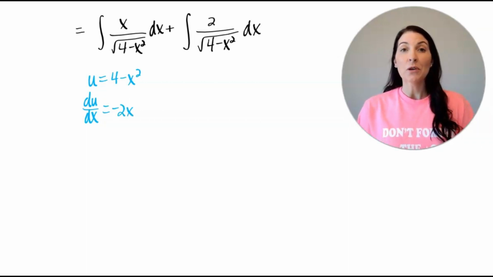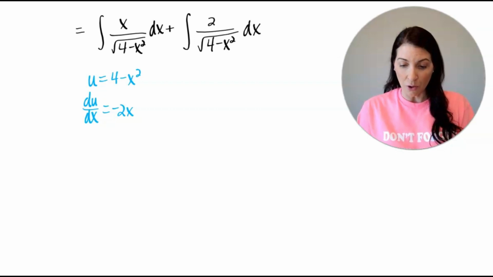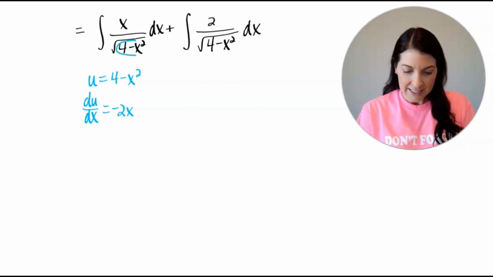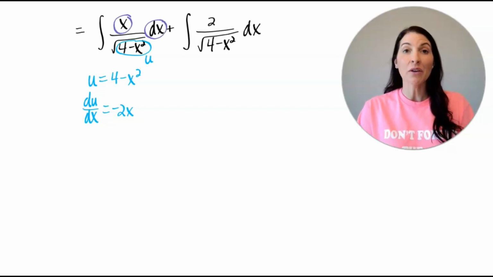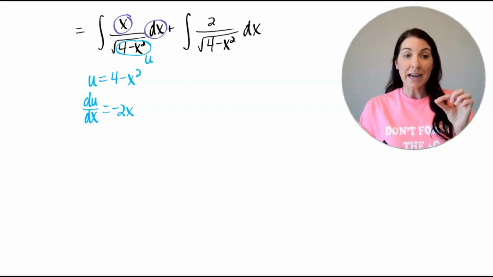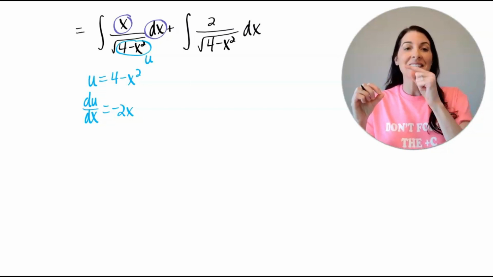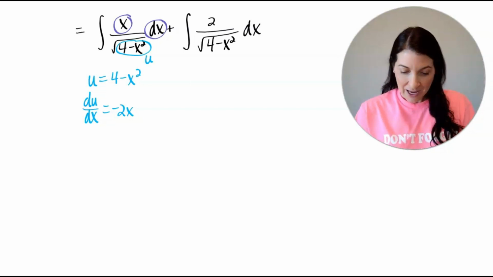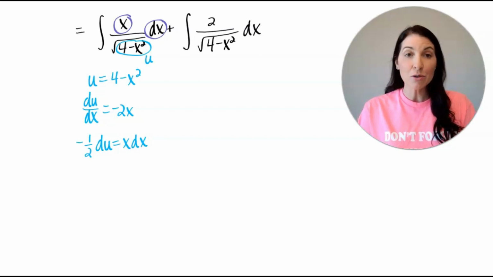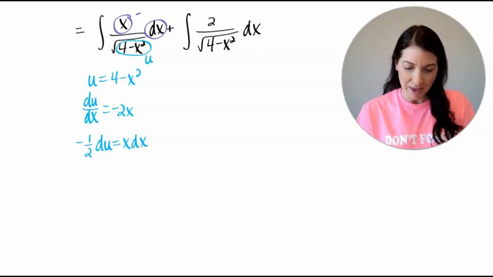The reason we're going to use this strategy for this integral is because once I set 4 minus x squared equal to u, what I have left over is x dx, and I can form that using my derivative by multiplying over the dx and dividing over the 2. So I would have negative 1/2 du is equal to x dx, which means what I circled in purple I can replace with negative 1/2 du.